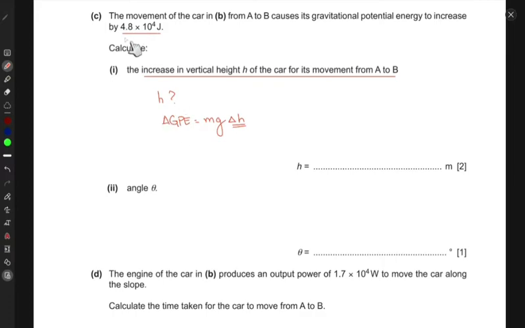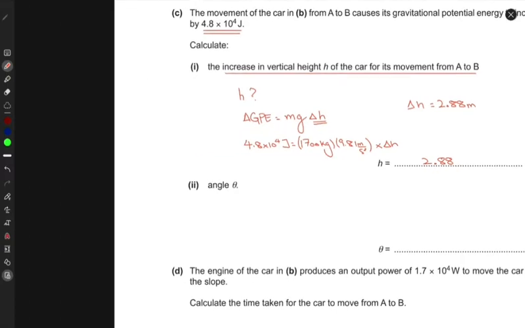I know the change in gravitational potential energy given in this statement, 4.8 times 10 raised to power 4 joules, and we know the weight of the car as well, because the mass is 1700 kilograms, and you multiply that by 9.81 meters per second squared, and then you have change in h. You solve this equation for change in height, and doing the math gives you about 2.88 meters. So the height increase is 2.88 meters.